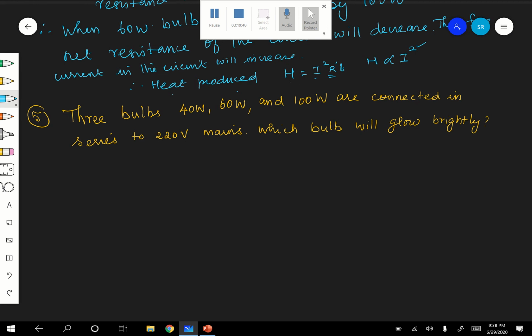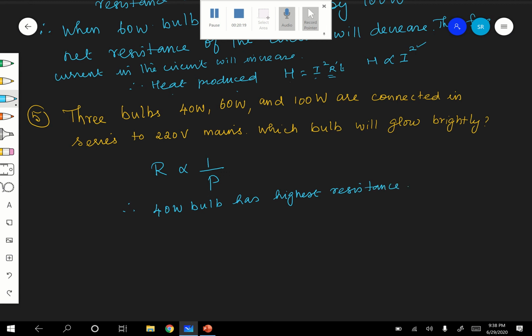Now, out of these three bulbs, you know which is having more resistance. Resistance R is inversely proportional to P. R is equal to V squared by P. Out of 40, 60 and 100 watt, the 40 watt bulb has the highest resistance of these three.